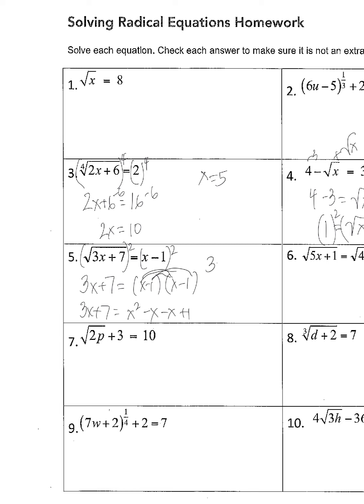So then we get 3x plus 7 equals x squared minus 2x plus 1. So now we can subtract 7 and subtract 3x from this side. So we get x squared minus 5x minus 6 equals 0. So that's x minus 6 times x plus 1 equals 0. So this is x is equal to 6, or x is equal to negative 1.